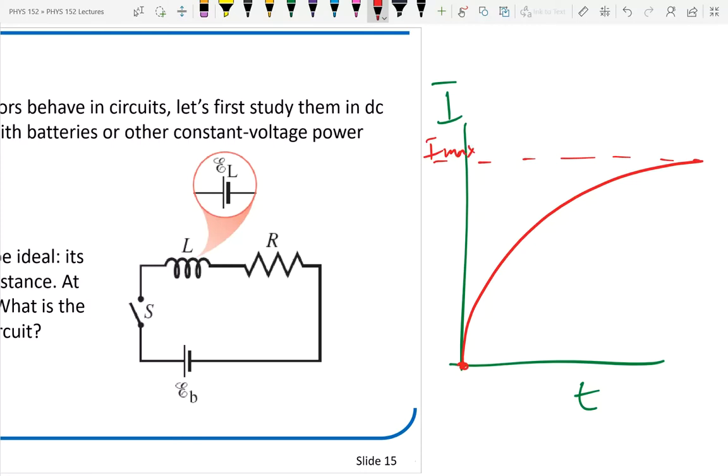Now, how do we calculate these values and the equation that describes them? Well, initially, there's no magnetic field in that inductor, so we will have no current. So if initially current is 0, then the voltage across the resistor initially is equal to 0. What's the voltage drop going to have to be across the inductor?